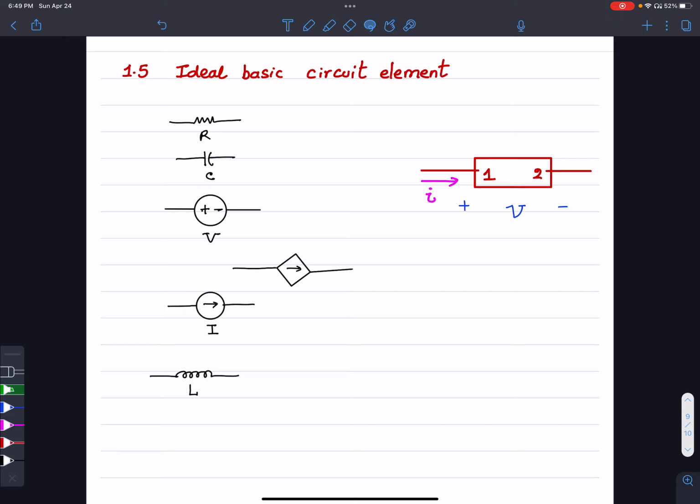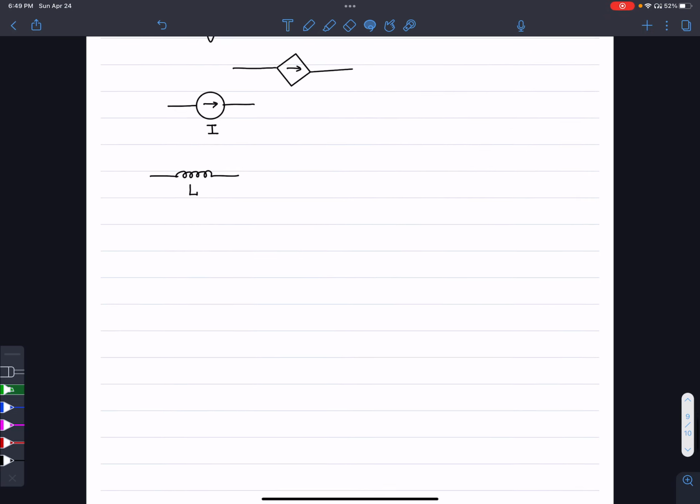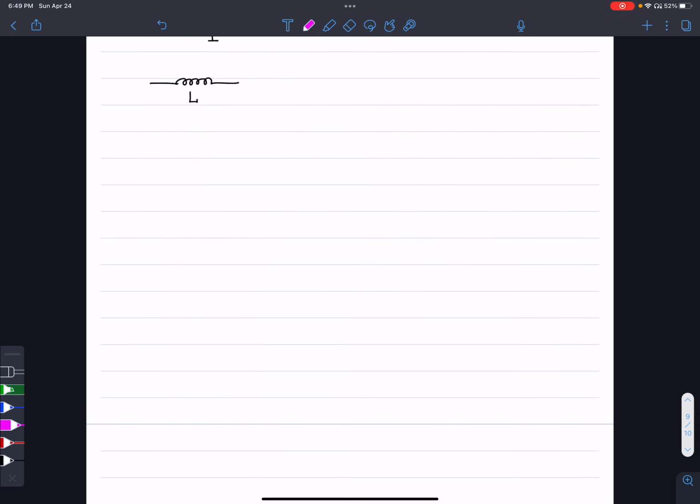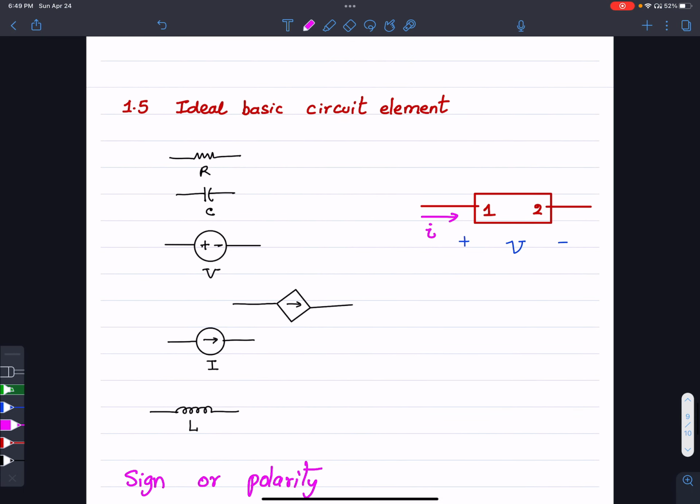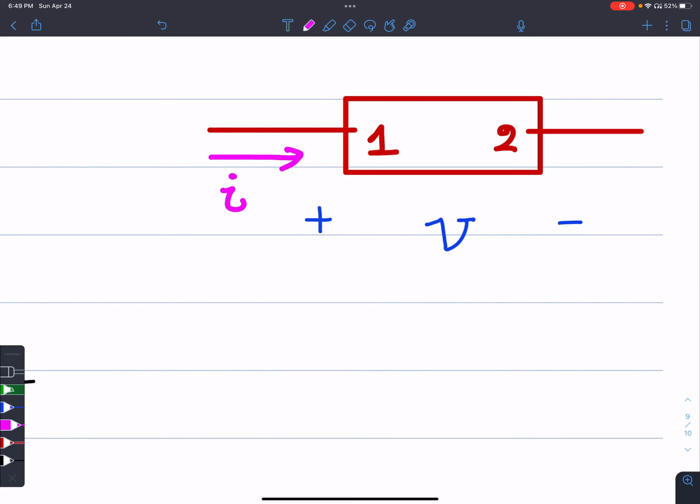Now, what is important, like I mentioned in the previous video, is the sign or polarity, the relative sign or polarity between the current and voltage. Let's take a look at this basic circuit element and identify certain things.